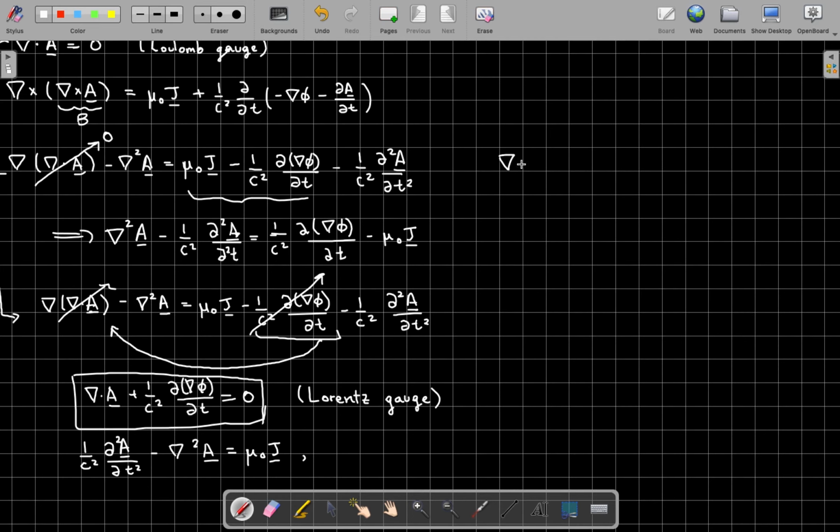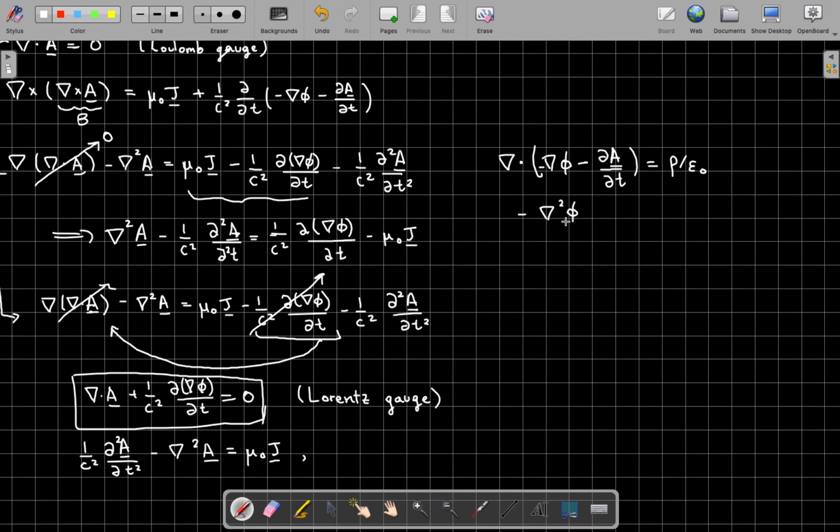The divergence of minus grad phi minus derivative of A with respect to time is equal to rho over epsilon 0. Okay, so this is equal to minus the grad squared of phi, or better, minus Laplacian of phi.